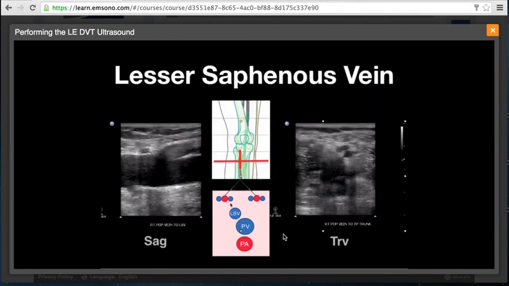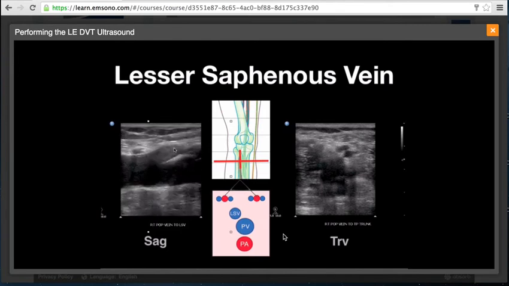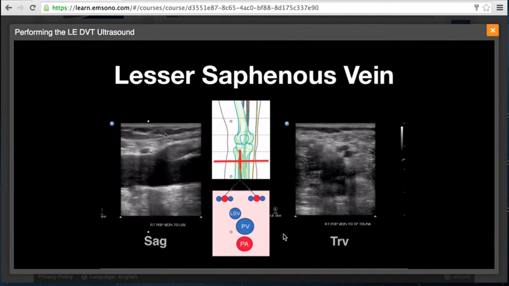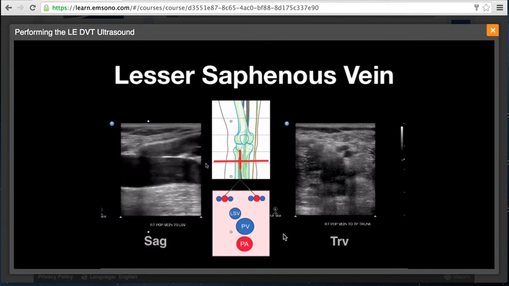Here you can see the paired gastroc vessels. You can see the lesser saphenous, which is ultimately going to insert into the popliteal vein, and you can see that here in sagittal. There's the lesser saphenous vein, and here you can see it coming into the popliteal vein. This is a sagittal view, so this is going to be posterior, anterior, head, and foot.